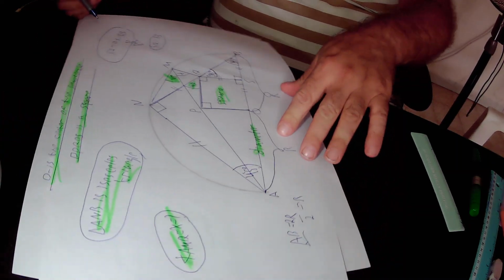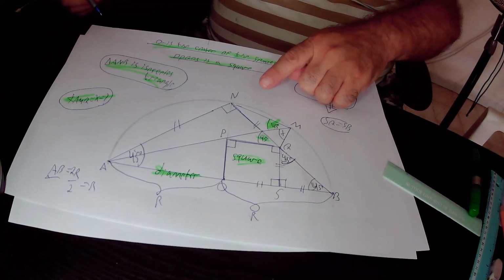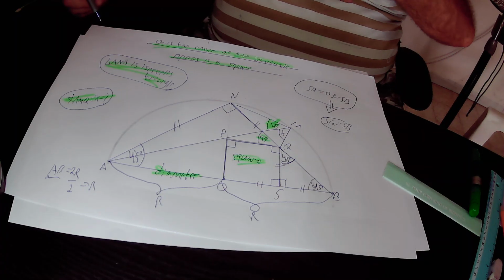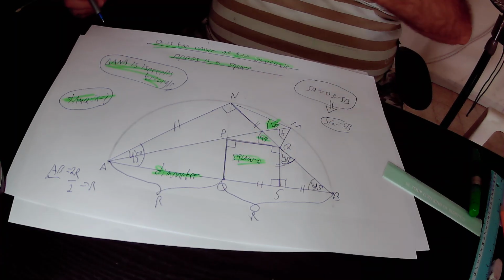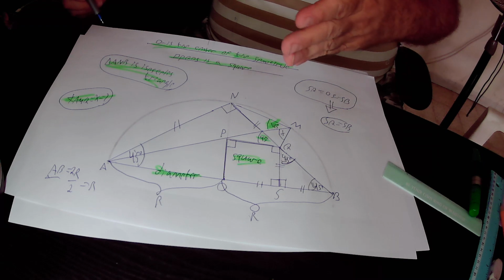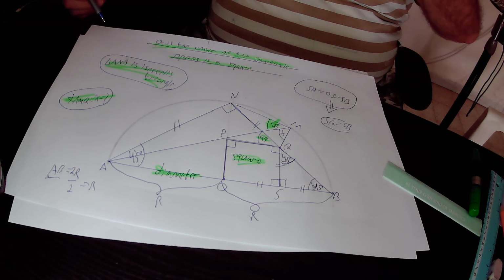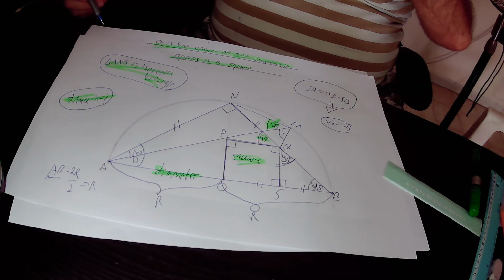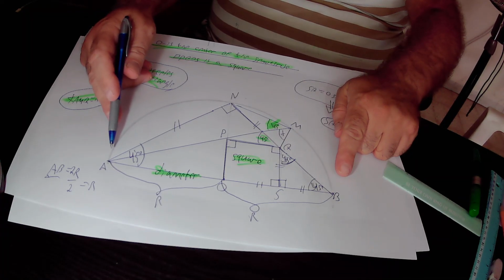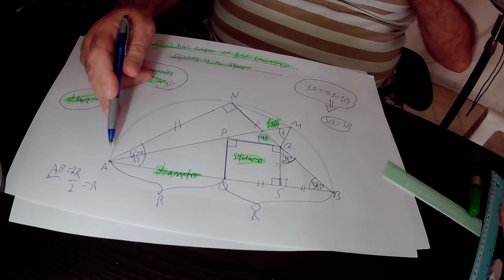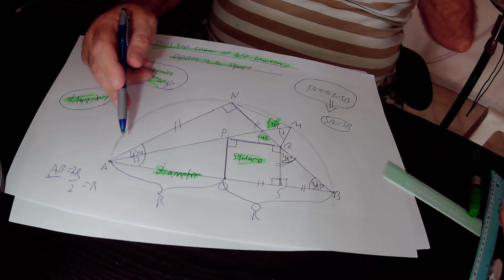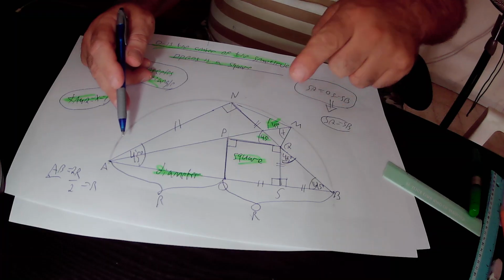The question is where the perpendicular from point N will touch side AB. It must touch the base AB at the midpoint of AB, because it bisects the base AB. The midpoint of AB is the midpoint of the diameter, because the diameter is AB. And we know that the midpoint of any diameter is the center of the circle or semicircle.